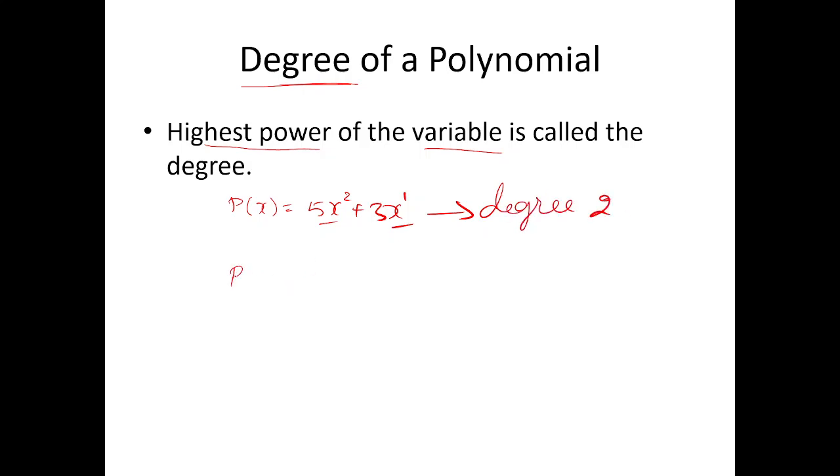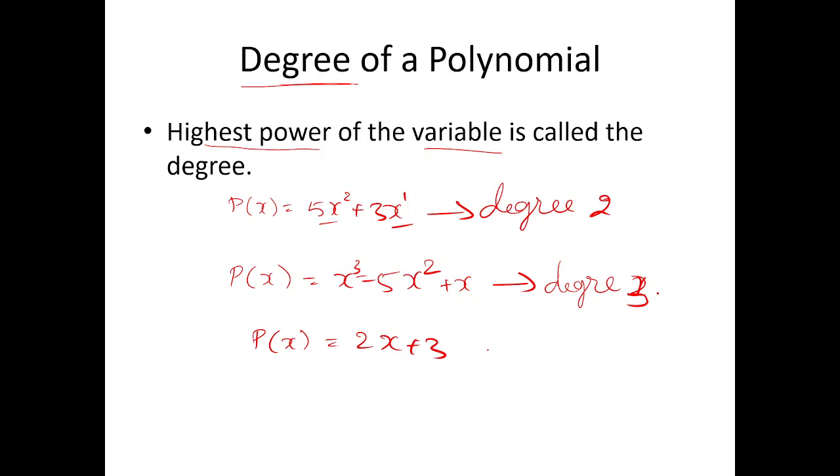If I take x cube minus 5x square plus x, the highest power of the variable is 3, so the degree is 3. If I take 2x plus 3 as a polynomial, the degree is 1, right?